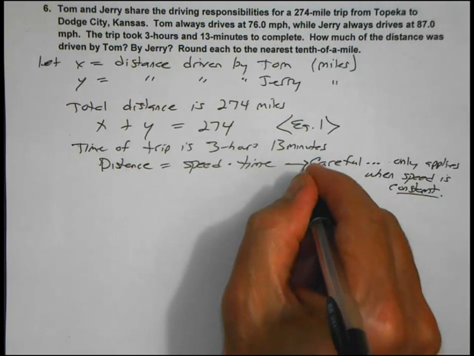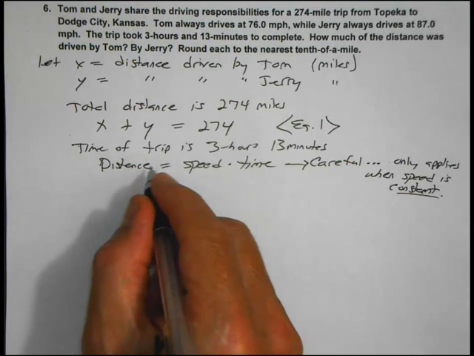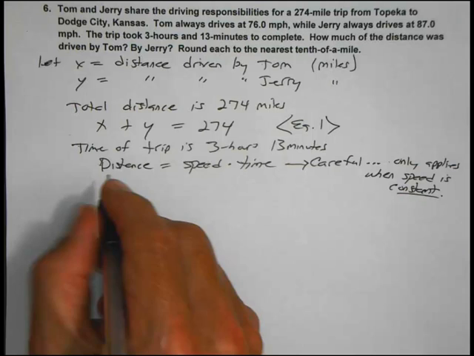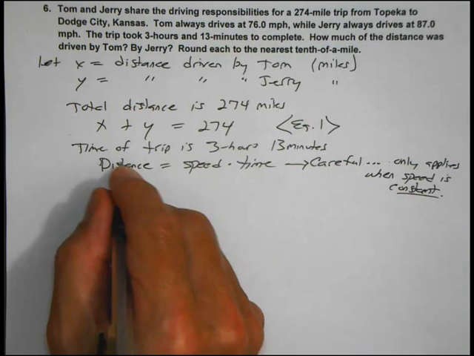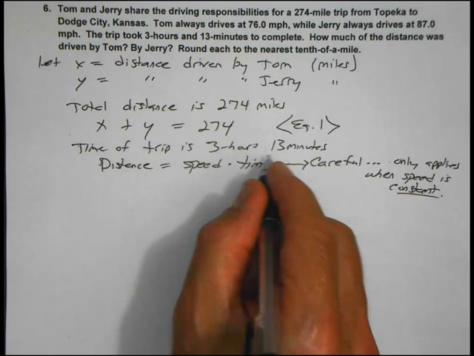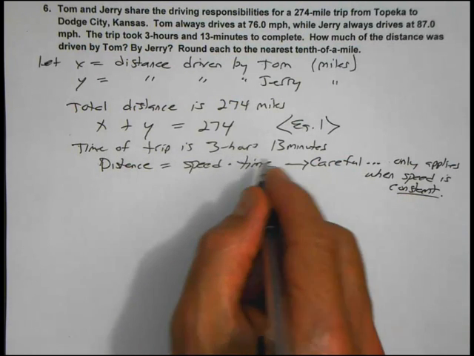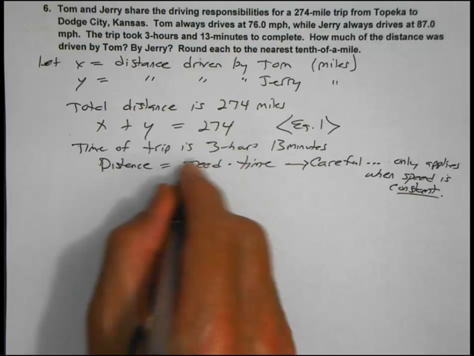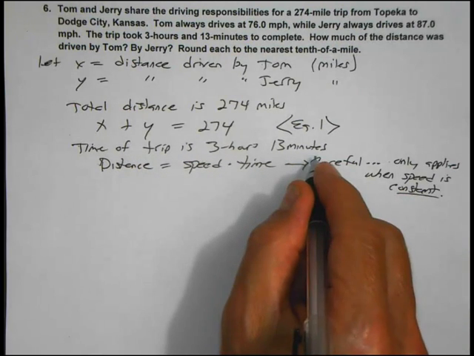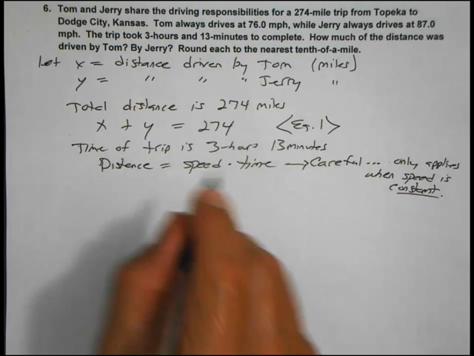Okay, so we can't really use this directly right on here. So we think of some other idea. Still, this information seems important. Time of the trip is 3 hours and 13 minutes. What we could do is think of this as a total time of the trip being 3 hours 13 minutes.